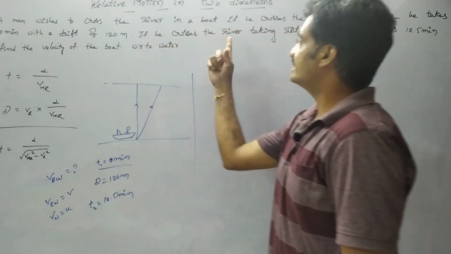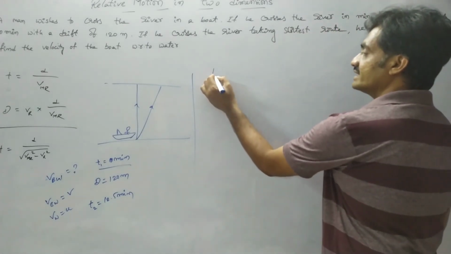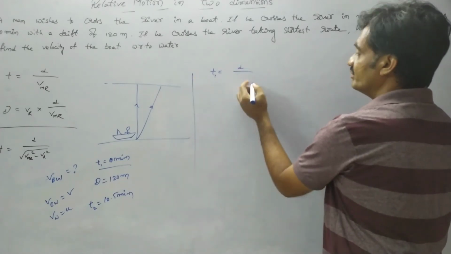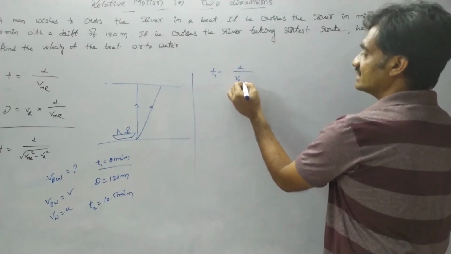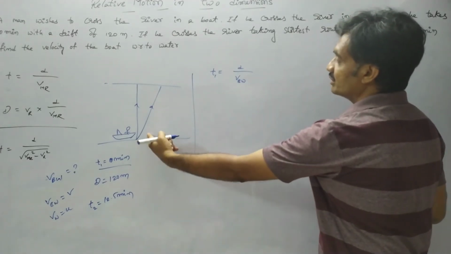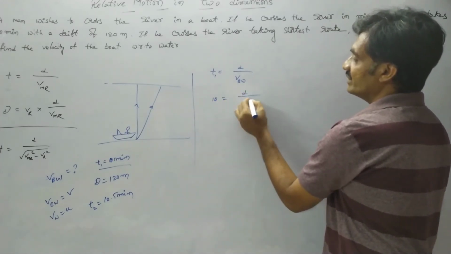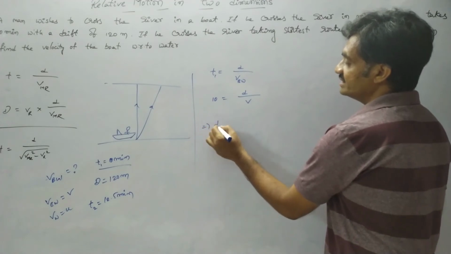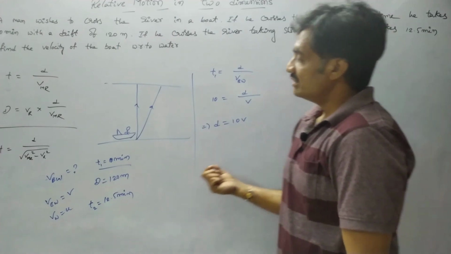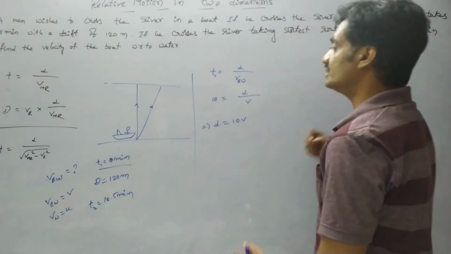The first case is the person traveling in shortest time, and we know that in this case, time T1 equals the width of the river by the velocity of the boat with respect to water. The time taken by the boat to cross in shortest time is 10 minutes. So we have 10 equals d by v, then d equals 10v. In this time the person drifts a distance of 120 meters.